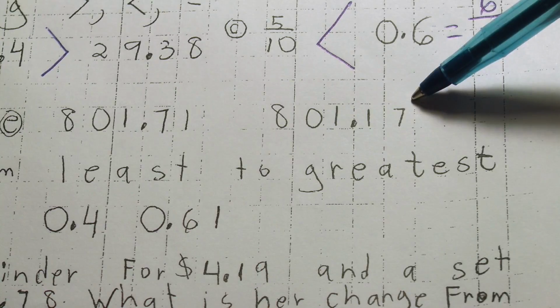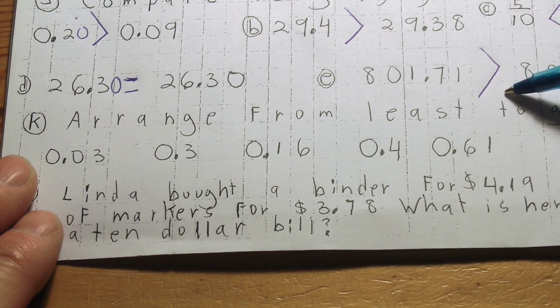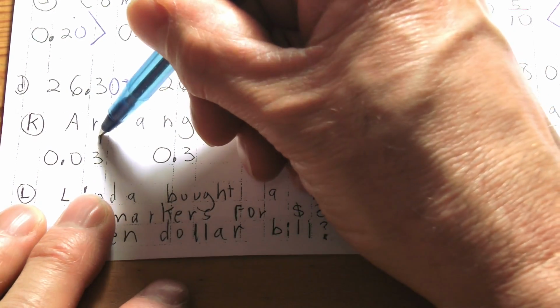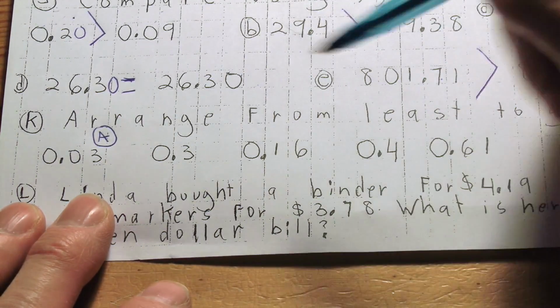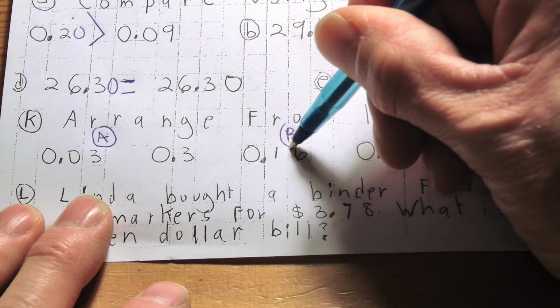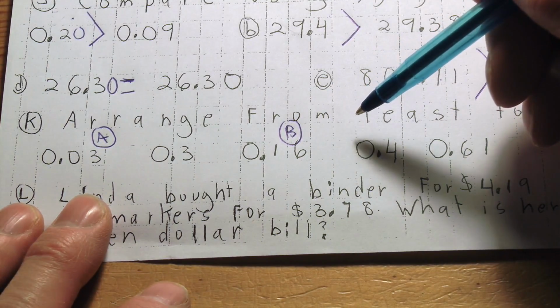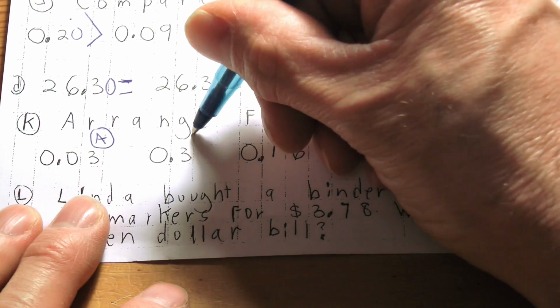801 and 17 hundredths. Next question is to arrange these numbers from least to greatest. The smallest is this one, so we'll put an A there. He's our smallest number. From 3 hundredths, 16 hundredths is our next largest. And then from 16 hundredths, we're going to 30 hundredths, or 3 tenths.